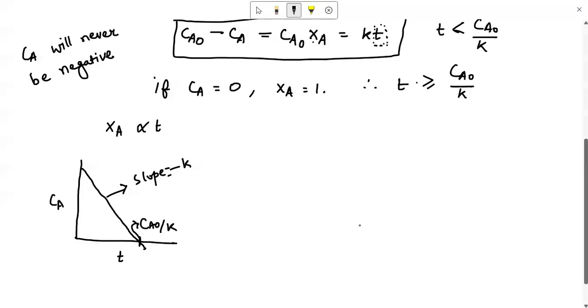This is the test for a zero order reaction.